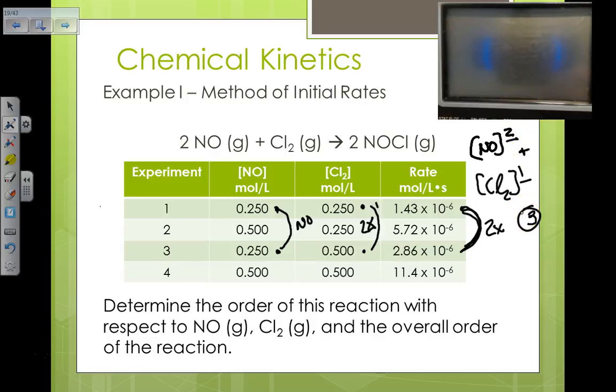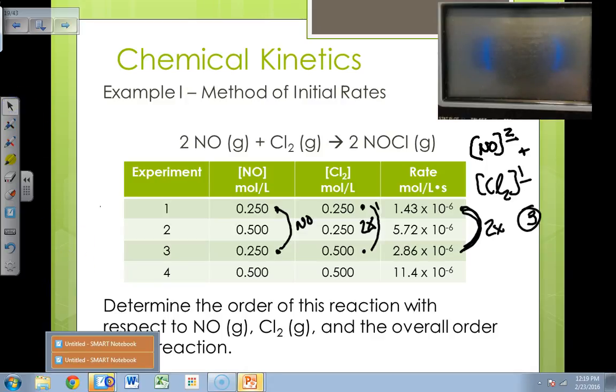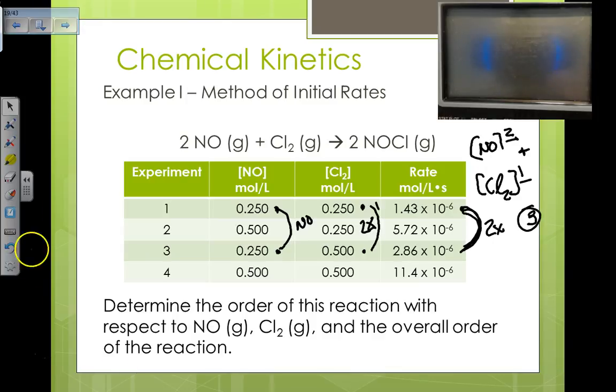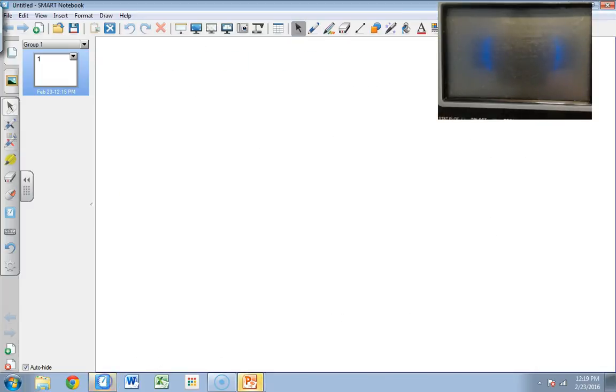But now what I want to do is show you the math behind this, because the math is kind of interesting and can help us solve these problems fairly straightforwardly. Okay, so let's go here. I'm going to close one of these, and then I'm going to open the other.